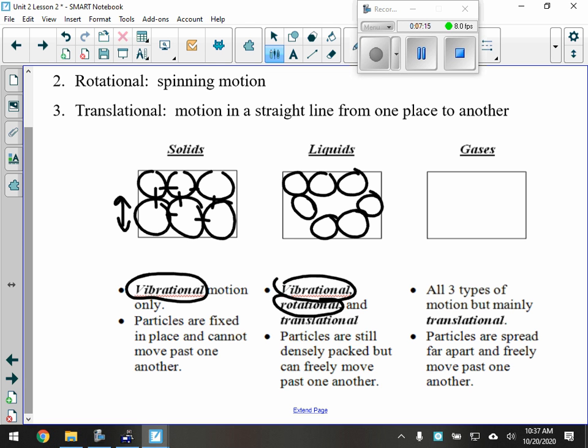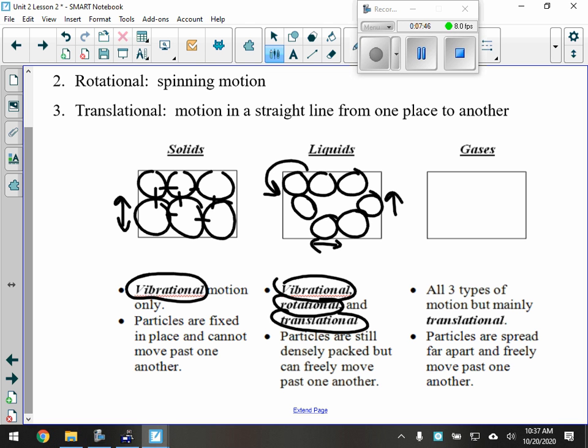Translational, yes, in the sense that they kind of slide back and forth between, right? So I guess translational as well in that regard, okay? So they're able to basically spin, turn around. They're able to move in a straight line, slide past another one. And what's the other one? Rotational, translation, vibrational. So they can vibrate back and forth if they needed to. Okay?